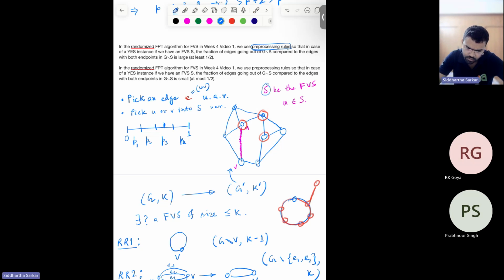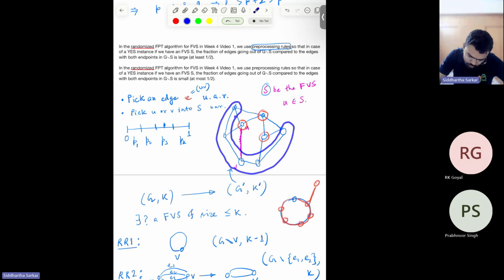Now they're saying the fraction of edges going out of G minus S. G minus S is the remaining vertices, so all the blue vertices are G minus S. These 1, 2, 3, 4, 5 vertices are in G minus S. The statement is about the fraction of edges going out of G minus S compared to the edges with both endpoints in G minus S. First, how many edges are there with both endpoints in G minus S?